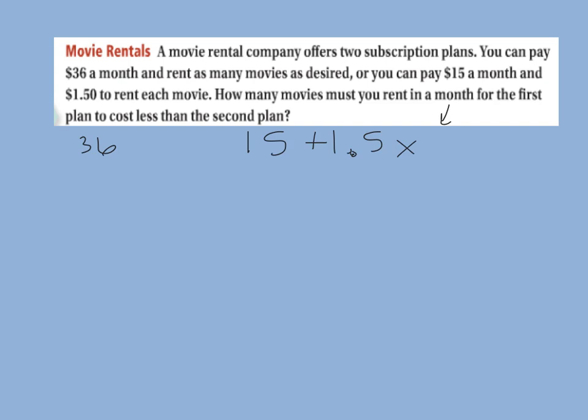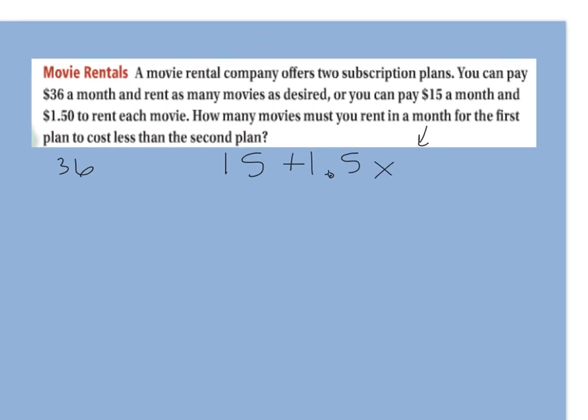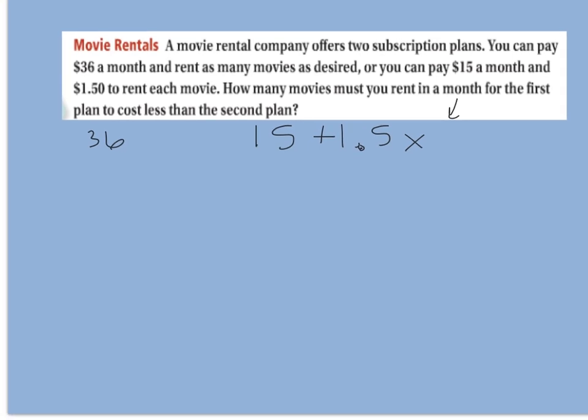And the question says, how many movies must you rent in a month for the first plan to cost less than the second plan? So the first plan must be less than my second plan. So now it's just solving like normal. Subtract 15 from both sides, and you would get 21 is less than 1.5x.